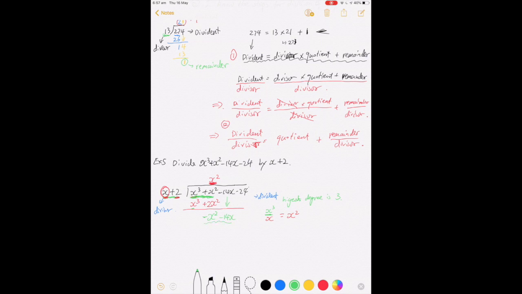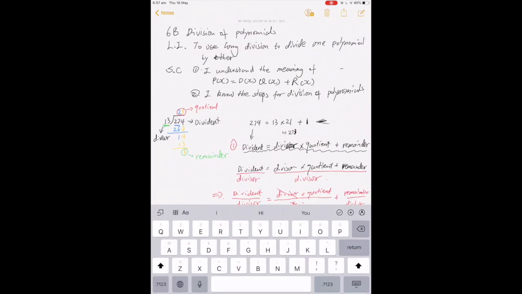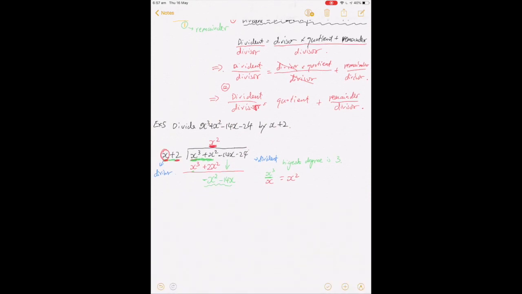Now here I have 2 terms again, so we're gonna check the highest power term. This is my highest power term, negative x squared, so I'm gonna divide it by my highest power term of the divisor, which is x. So now divide it, and then I got negative x.